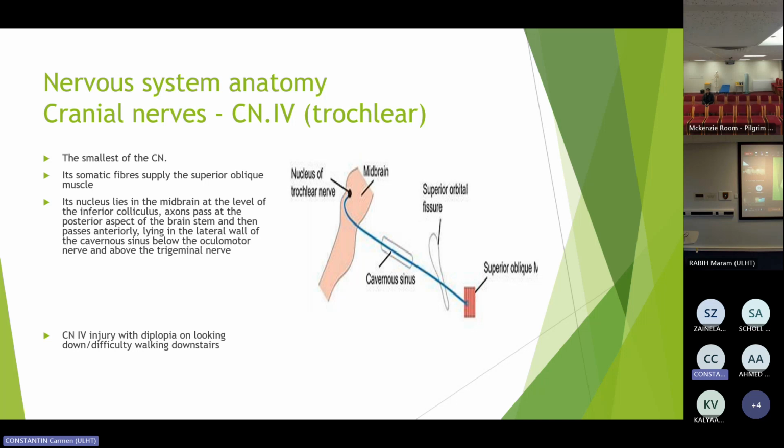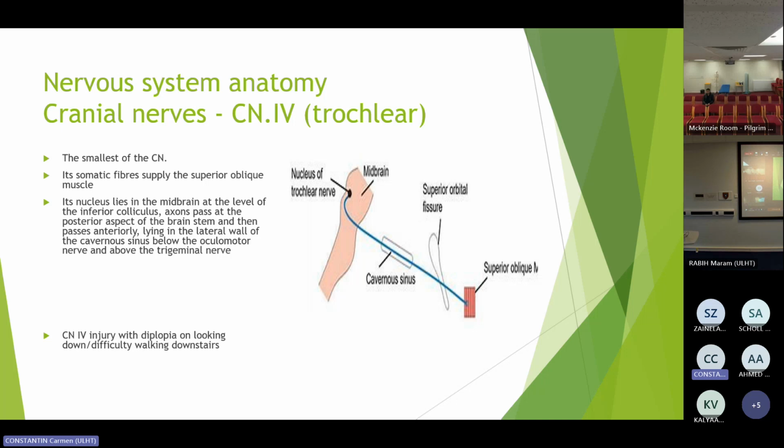The fourth cranial nerve, the trochlear, is the smallest among all the cranial nerves, and we have somatic fibers which are supplying the superior oblique muscle.